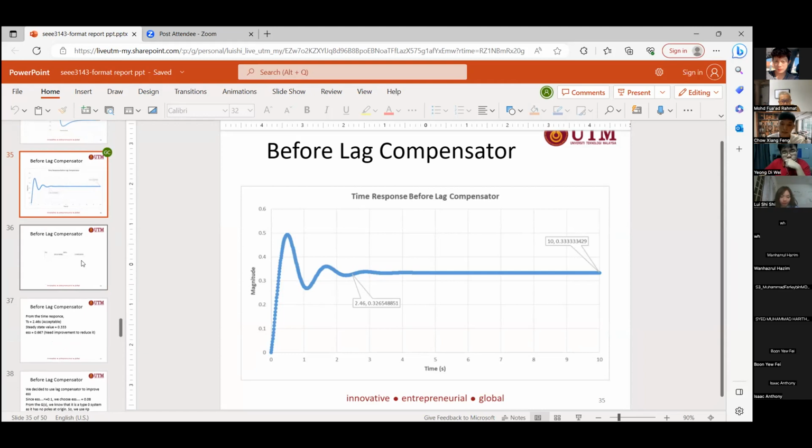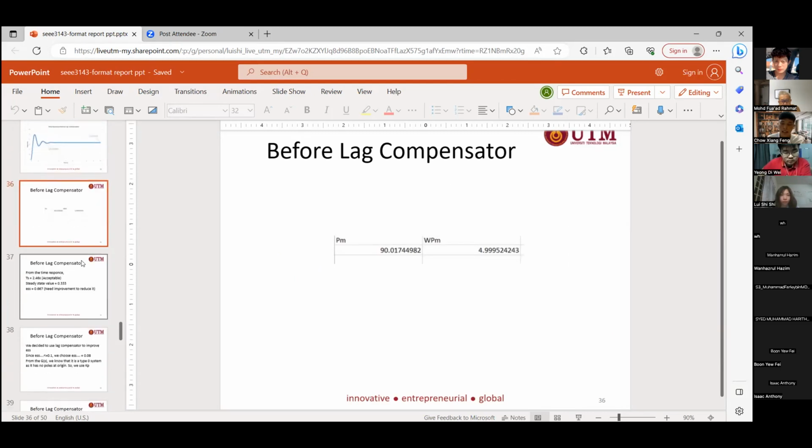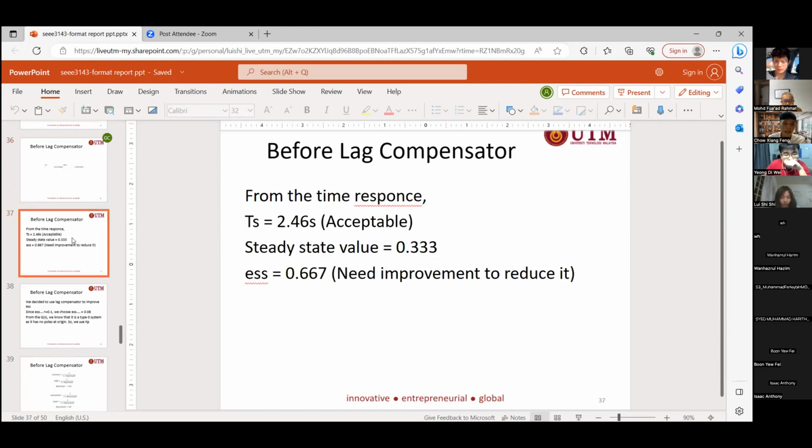The settling time from this plot is 2.46 seconds. We also use the margin function in Matlab and get the same result as we observed from the plot.